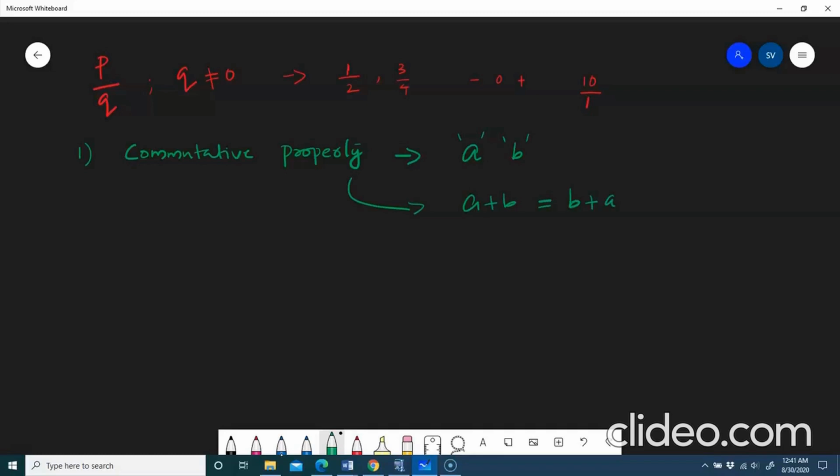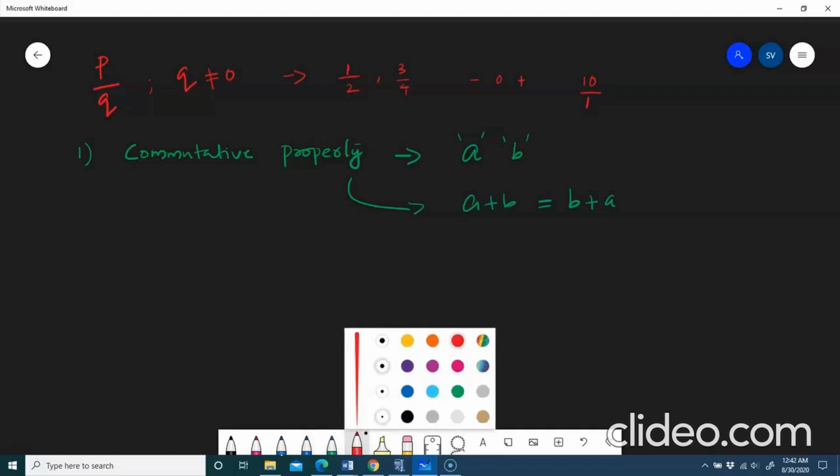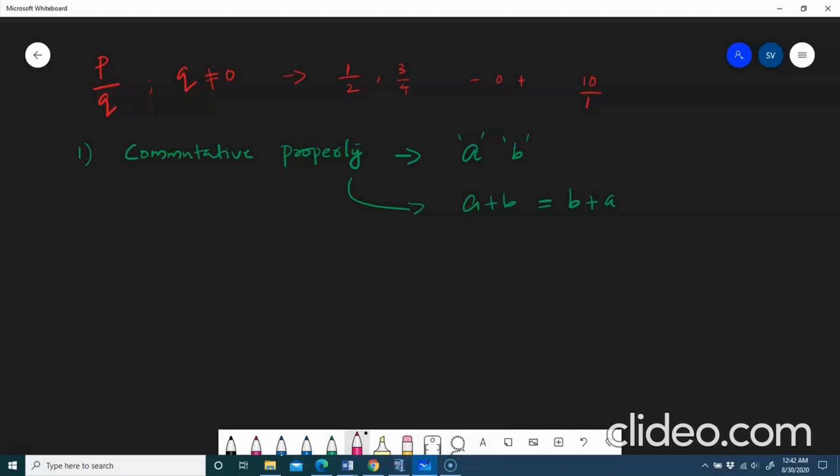This is the commutative property for addition, and we are discussing only addition here. If a and b are two rational numbers, then a plus b is equal to b plus a.